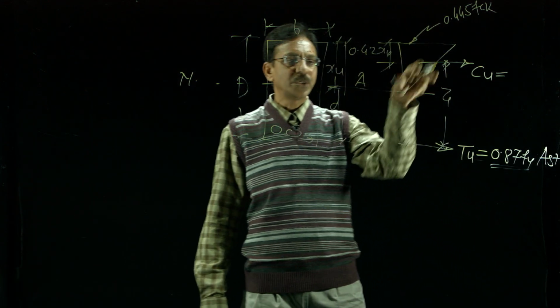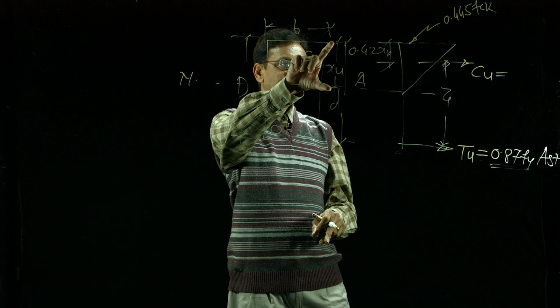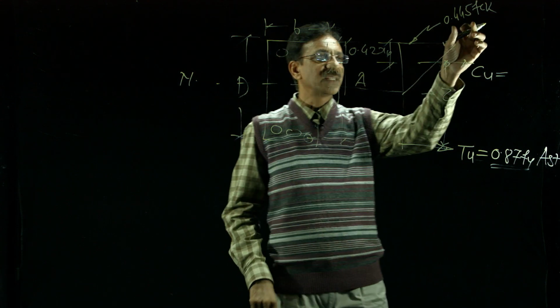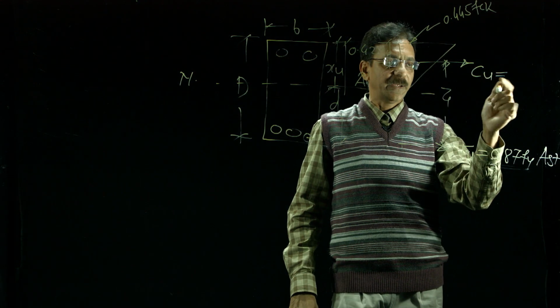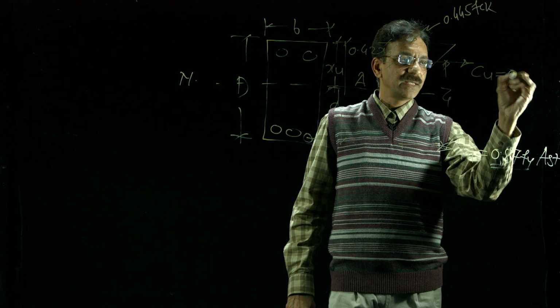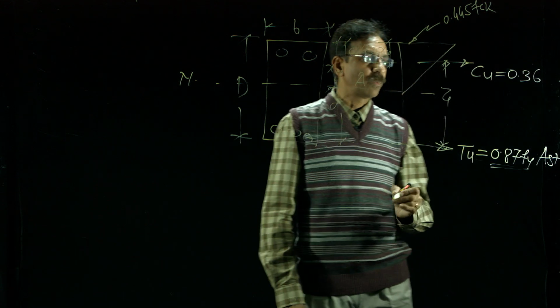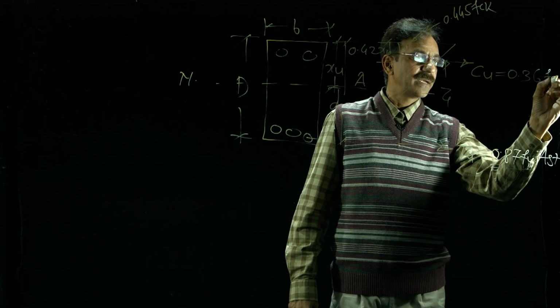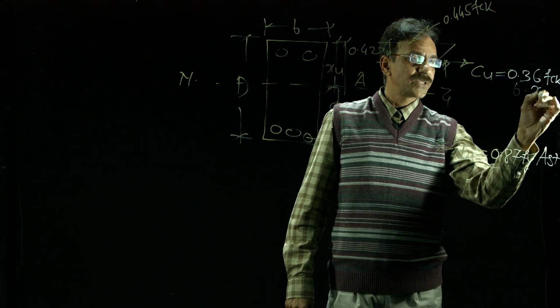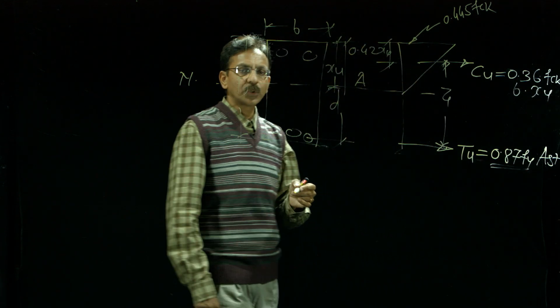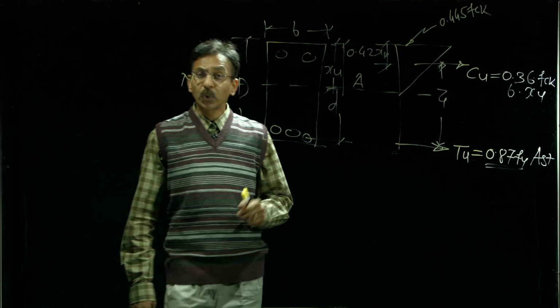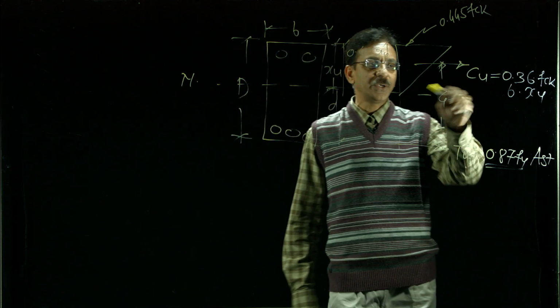So, half base into height: half is xu and the base is 0.445 fck, right. Finally it equals 0.36 fck b xu. So, this is the total compressive force, that is Cu.